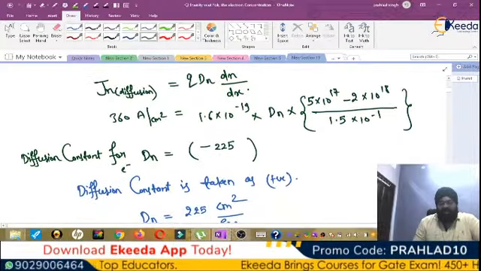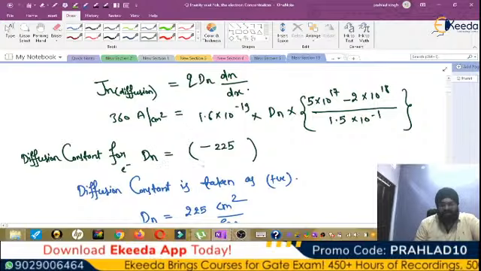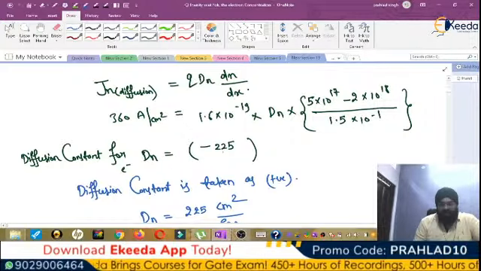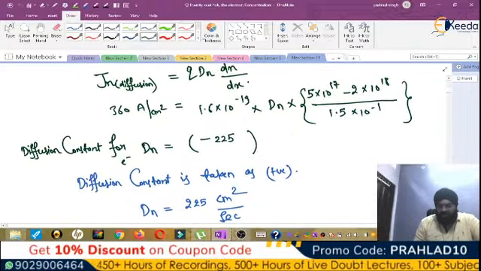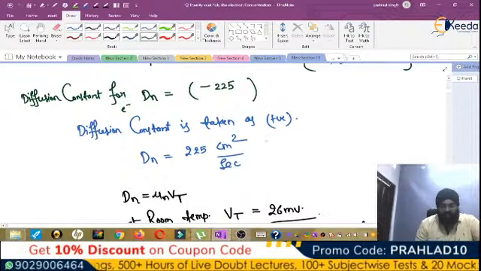From here we will calculate the value of diffusion constant for electrons, and this is minus 225. But diffusion constant is always positive, right? So we take Dn as 225 centimeter square per second.